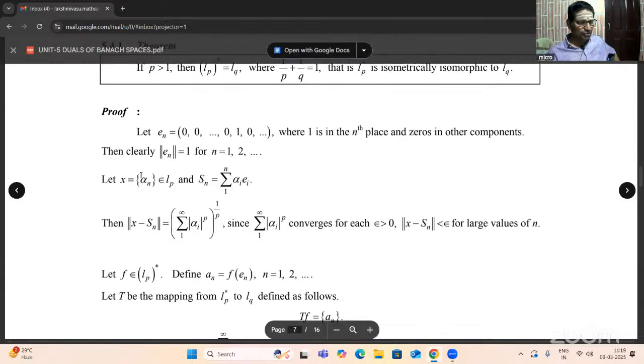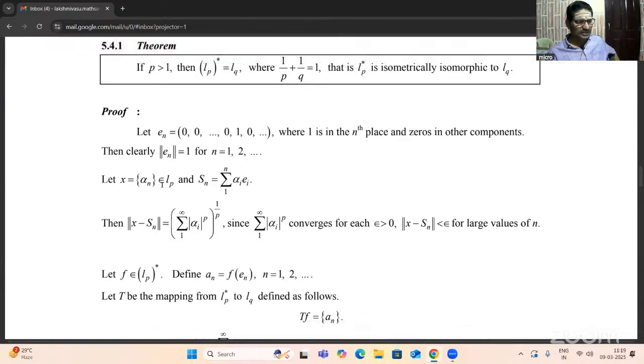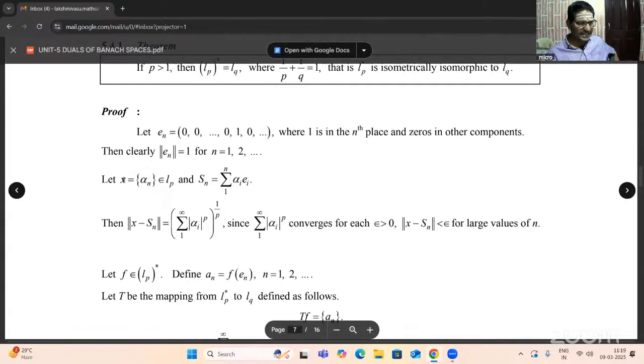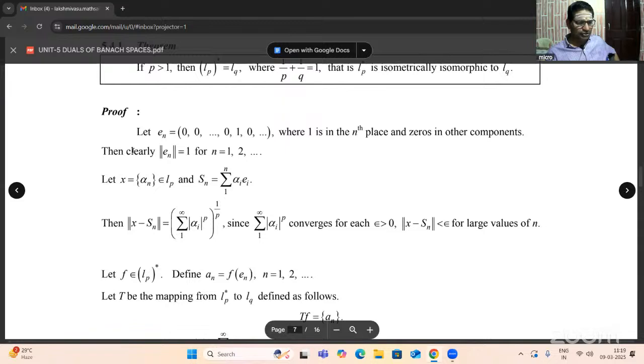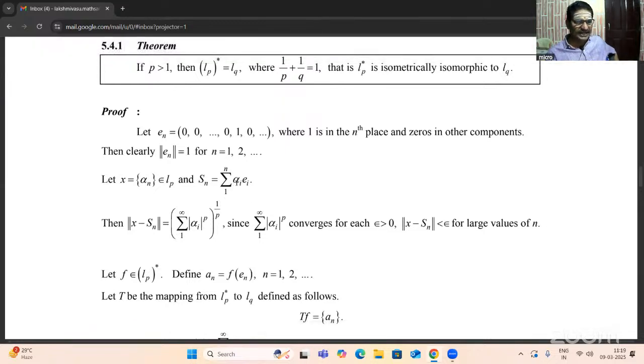And x equals the sequence of alpha n. Already this is one of the sequences in LP, as from the beginning of the dual concept in LP. So Sn is also defined in the same manner: Sn equals summation alpha i ei, where i varies from 1 to n.